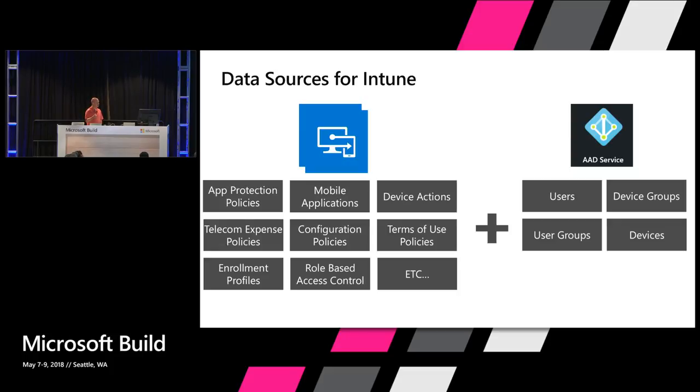App protection policies, as Aswari talked about, are just the basic information for how you want to protect your applications or the mobile applications themselves. When you're creating a mobile app, you could create a store app, a line of business app, or a web link. All of those types of applications represent data sources that you can access via Graph, or you can automate the creation, editing, deletion, and assignment of those applications as well.